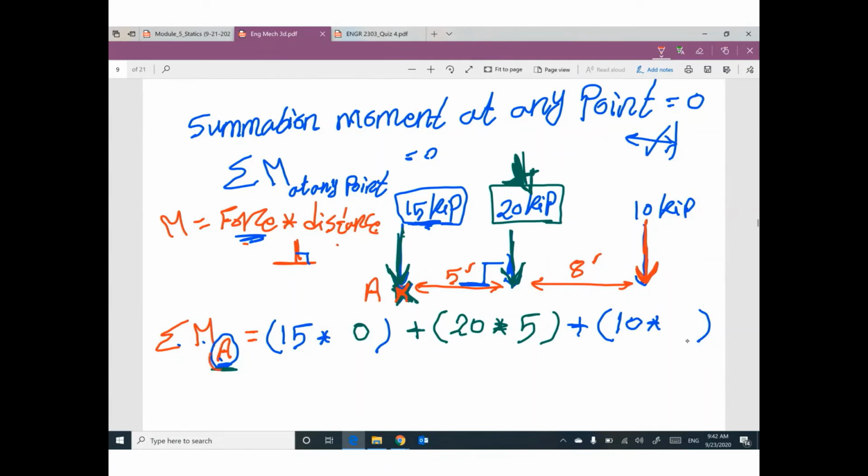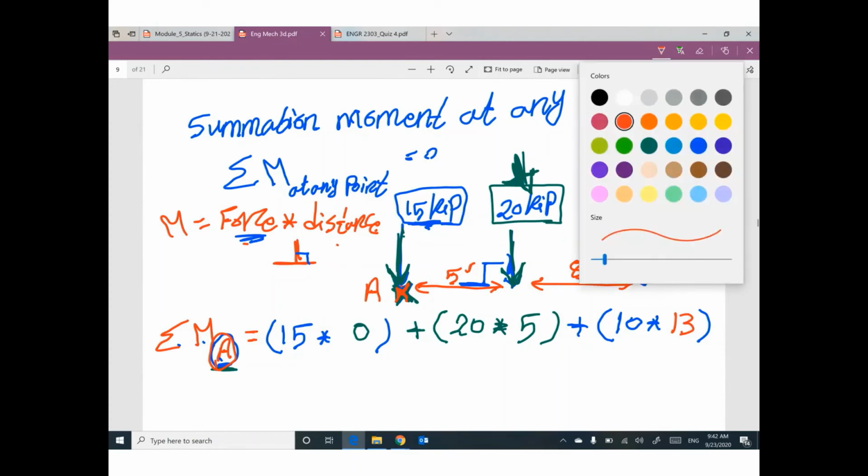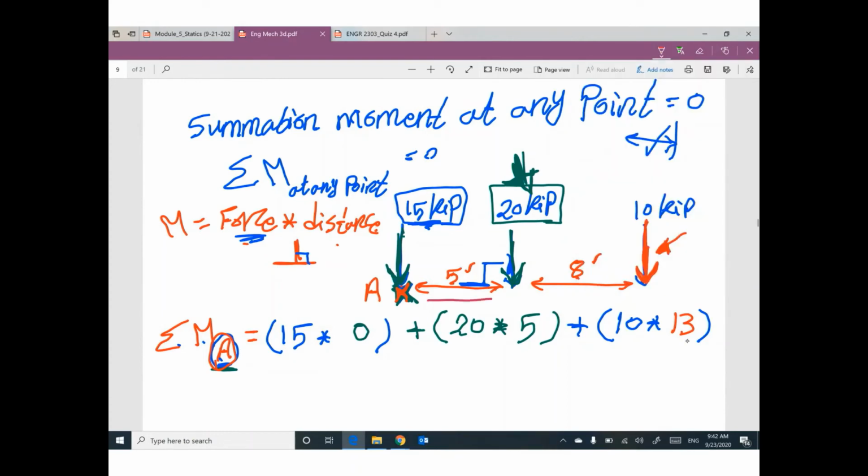It's 13. 8 plus 5. Be sure that the distance and the force are perpendicular. You can get the final answer because I don't have any forces more.